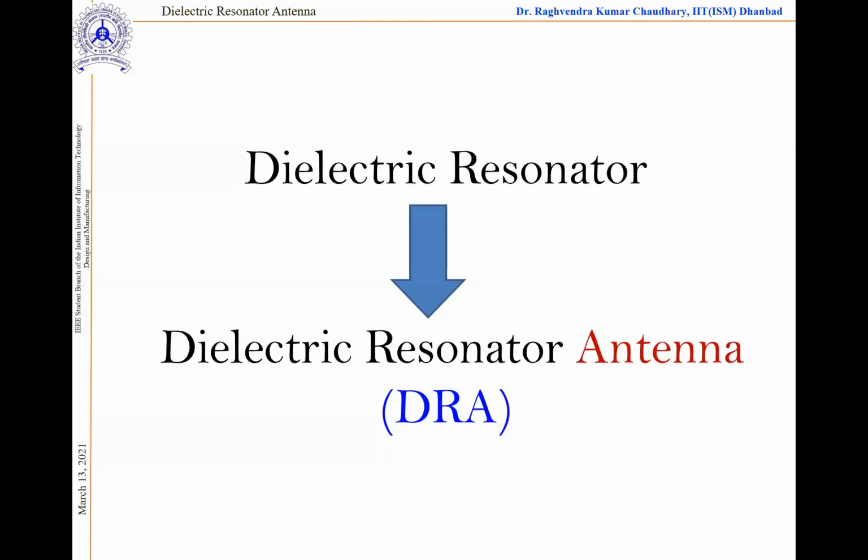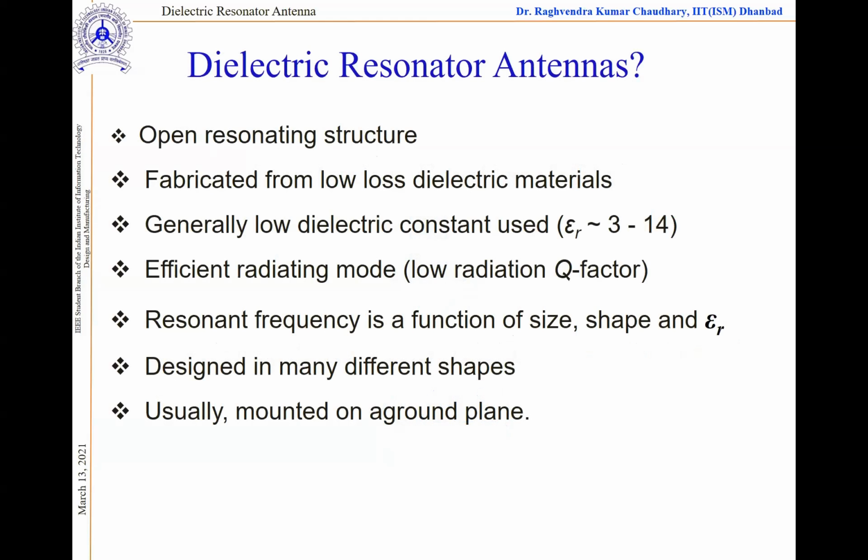The second thing is how this DR actually becomes a DRA. Correct. So let us try to understand these things. Some of the facts I have written for you here. This is an open resonating structure. Correct. If you look at the boundaries, in most of the cases we are assuming them as PMC, perfect magnetic conductor, for analysis purposes. Earlier, this PMC comes into the picture when you have a very high dielectric constant.